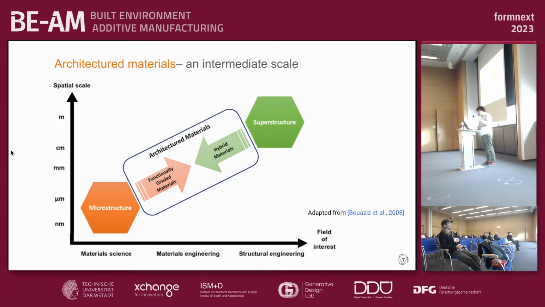Because nowadays, and Formnext is a very nice example for that, we have a lot of new advanced manufacturing processes to be able to play with geometry at the scale of the microstructure, at the micrometer scale, at the millimeter scale. So we can actually use all the knowledge we have from structural engineering at the microstructure level. And this is basically what architectured materials are about.